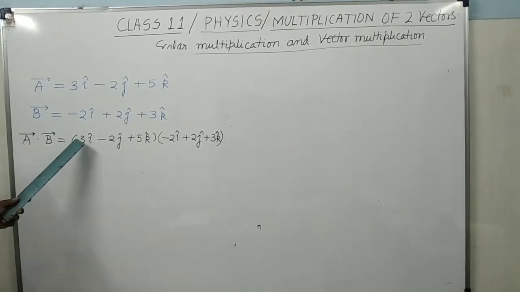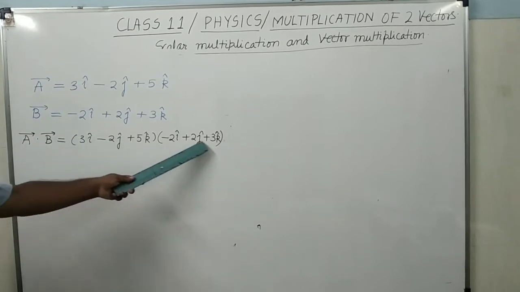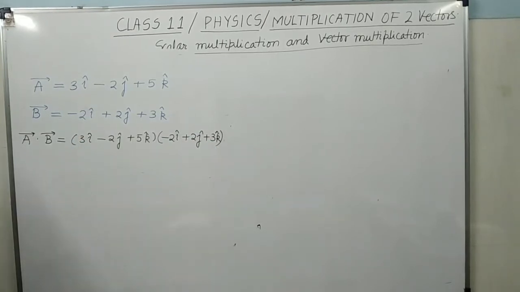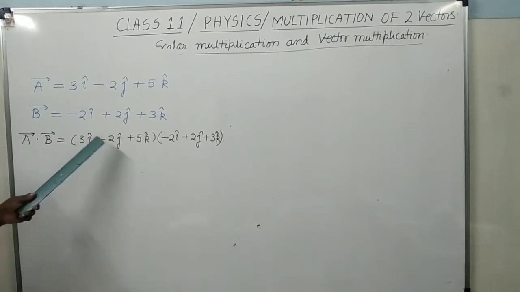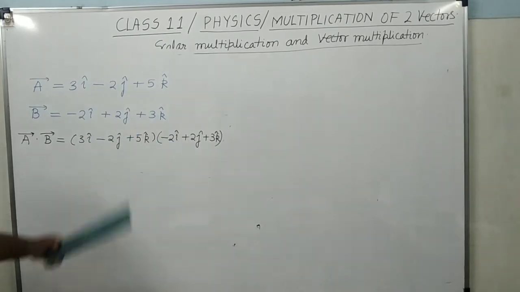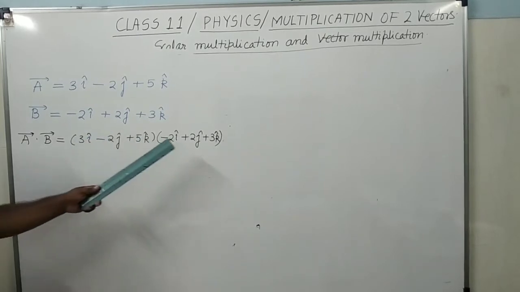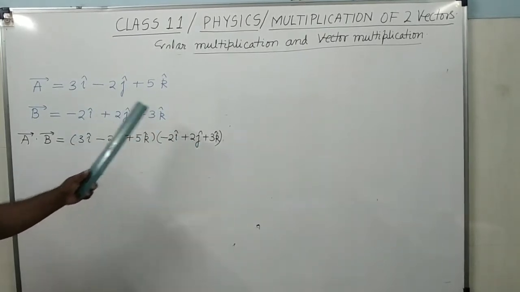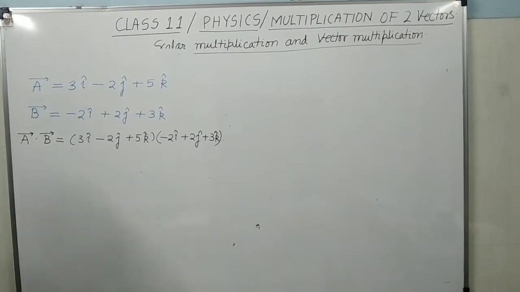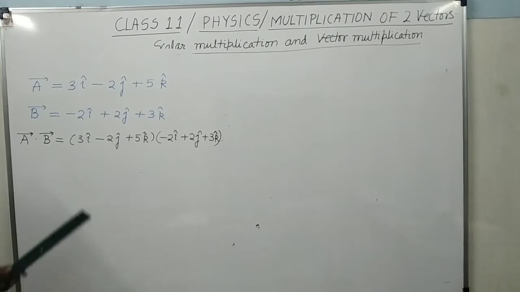What will you do? You will multiply 3i with each term of that bracket. When you multiply 3i with this, you will get a result, because here you will get unit vector i dot unit vector i. But when 3i is multiplied with 2j or with 3k, you will not get any result. It's clear? No result will be obtained. Why? Because these are unlike unit vectors, and just now I told you that the scalar product of unlike unit vectors is 0.